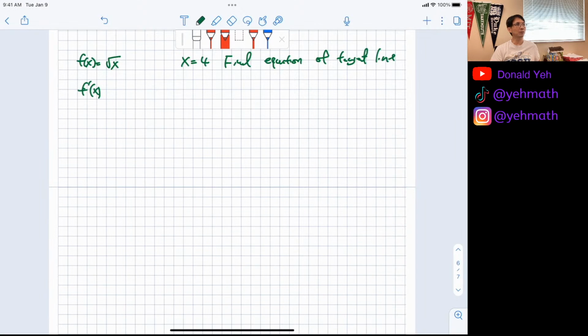No, we're not. We're just finding f prime of x. Oh. But I don't know if I have enough time to find the equation of the tangent line. Using the definition of derivative to find the derivative of square root x.